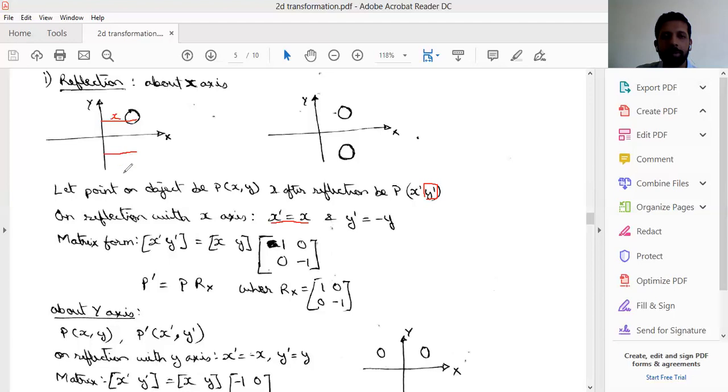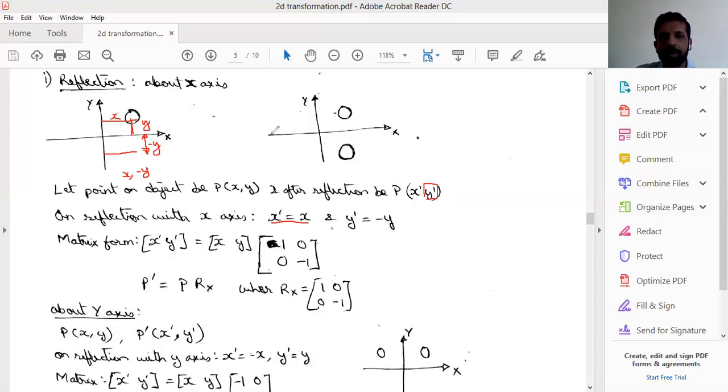Here, x is going to be a positive value and y is going to be a negative value because it is the fourth quadrant. Whatever the y distance was before reflection, that has to be maintained at the same distance here, but the value will be the same with a negative sign.